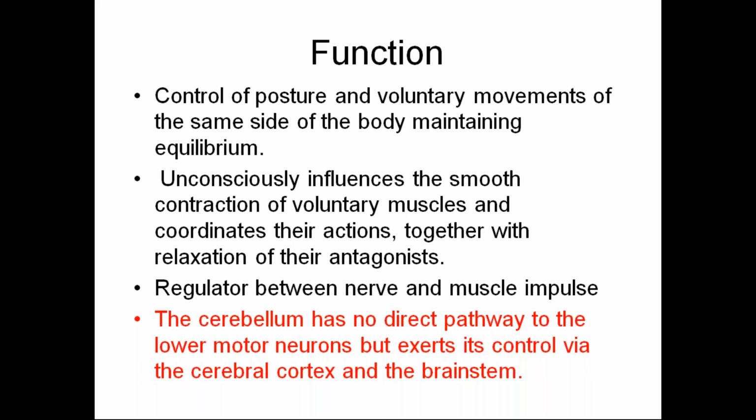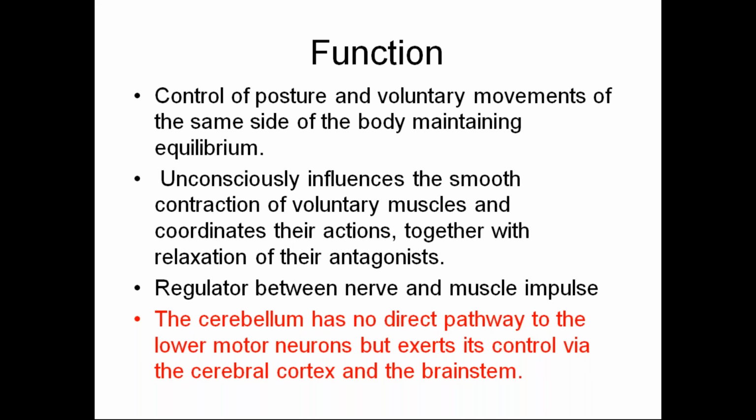So if I'm flexing my arm to get something, what's happening? The extensors are relaxing. So this kind of coordination between agonist and antagonist, we are doing it reflexly, we are doing it unconsciously. We do not know what we are doing.